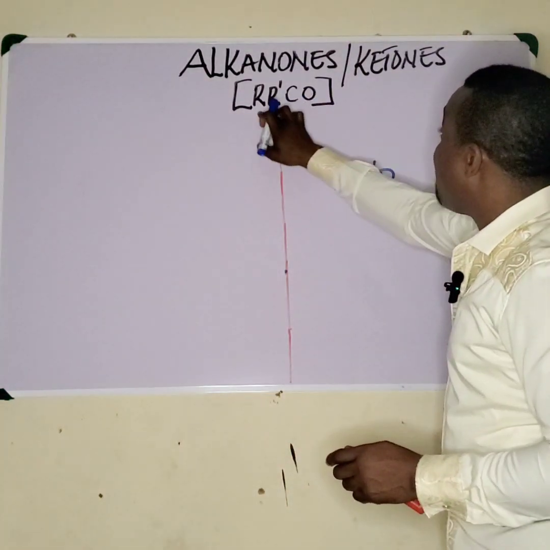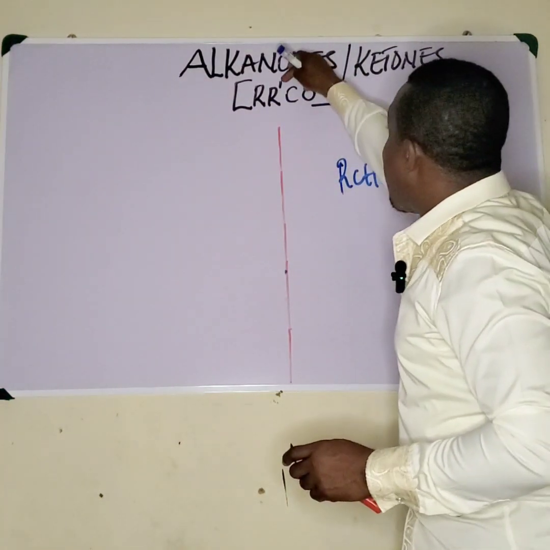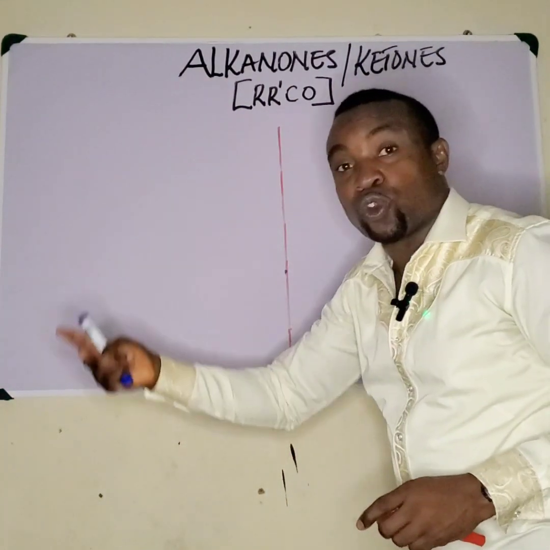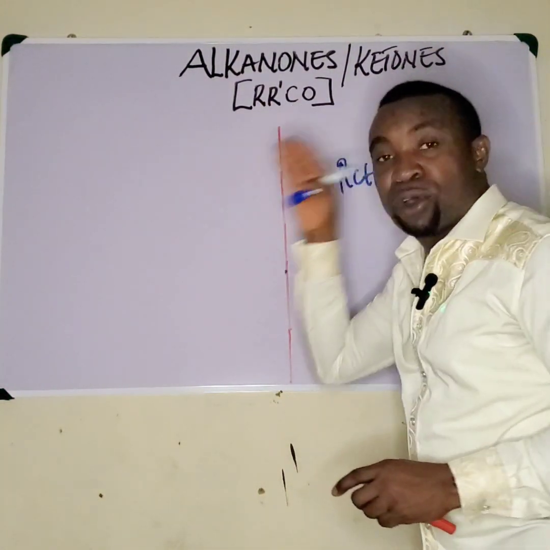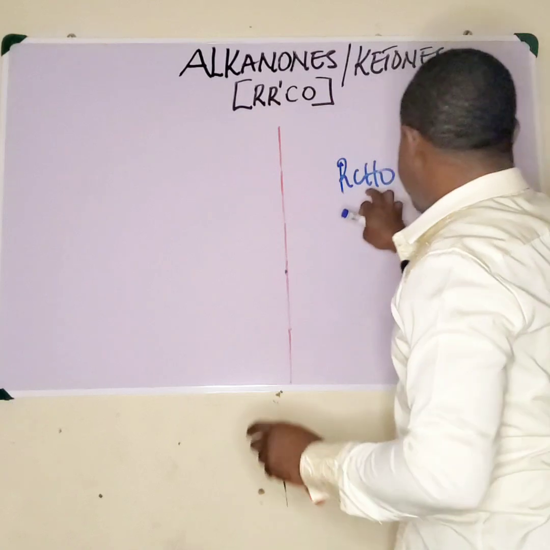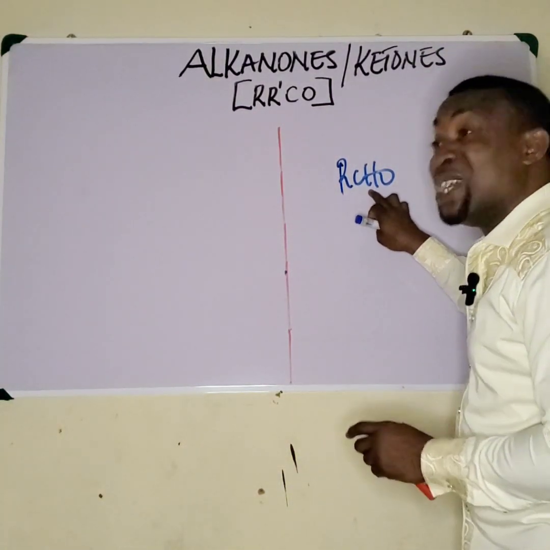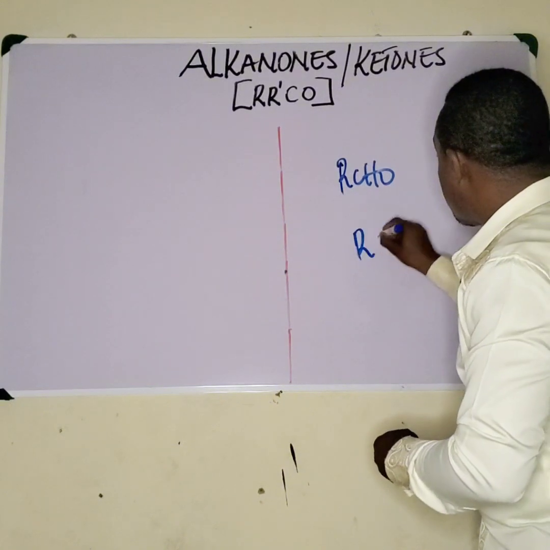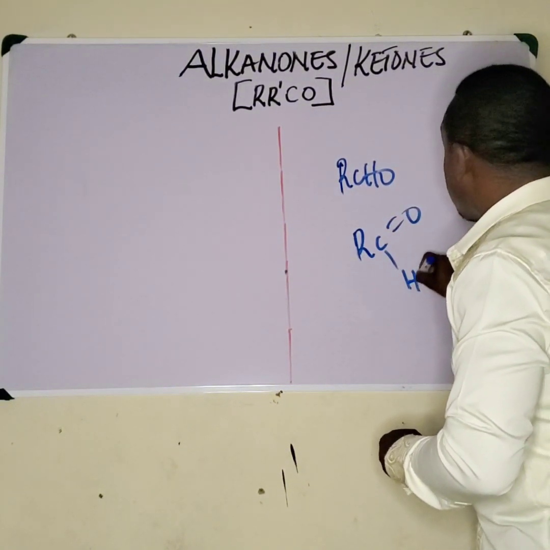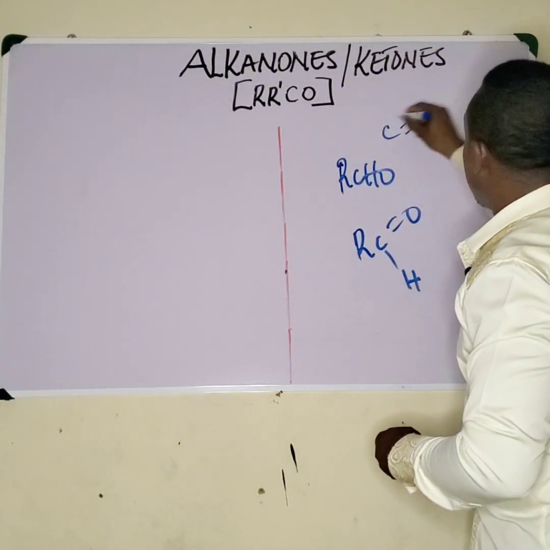But here we have R and R', which means that we have double alkyl groups or double phenyl groups. And oxygen is directly bonded to the carbon atom. But in alkanals, we will always see H attached to this. We will always see RC double bond O and we have H here. But here we are going to see only this.